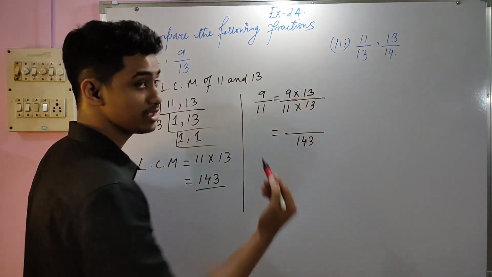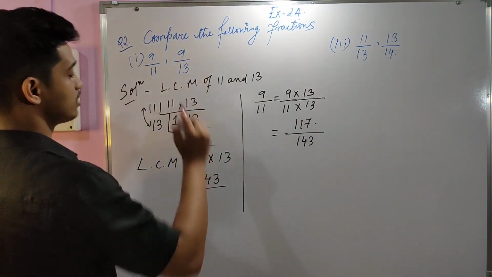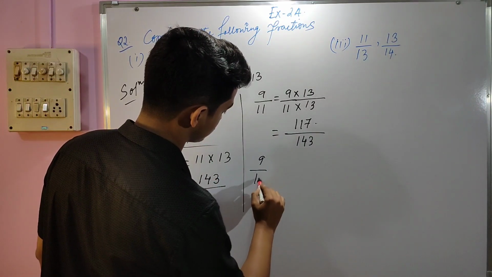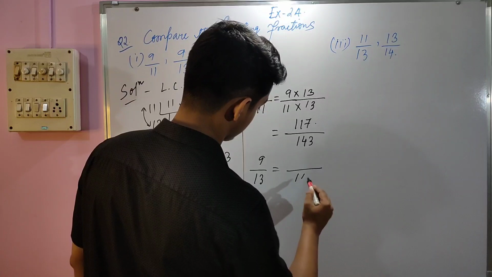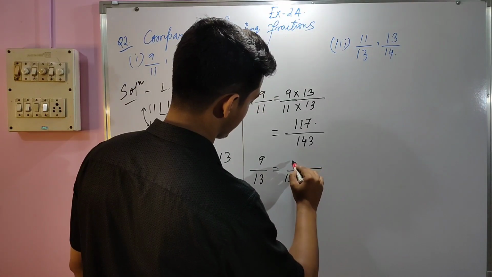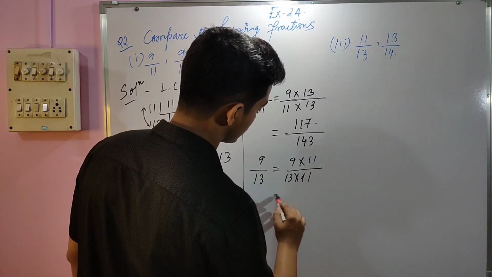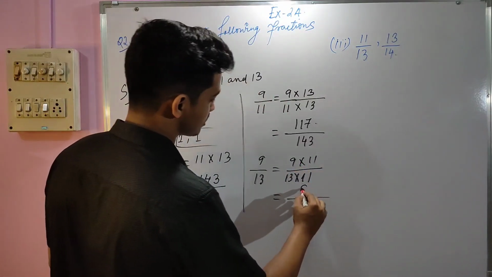And 13 into 9 is 117. For 9 by 13 it is very simple: 13 into 11 is 143, and 9 into 11 is 99.